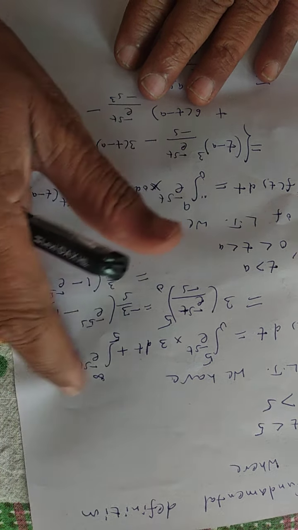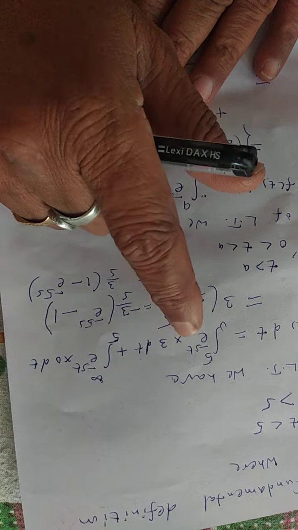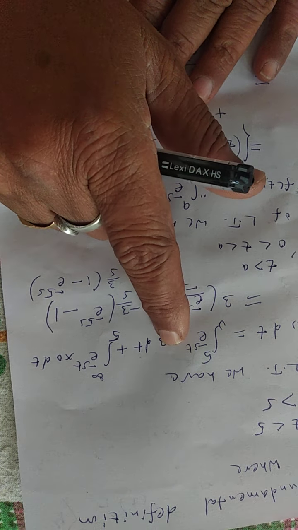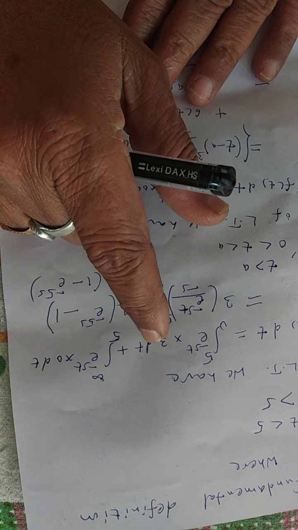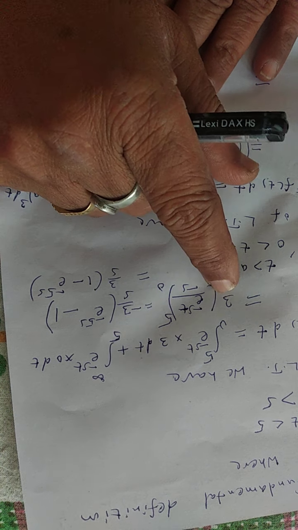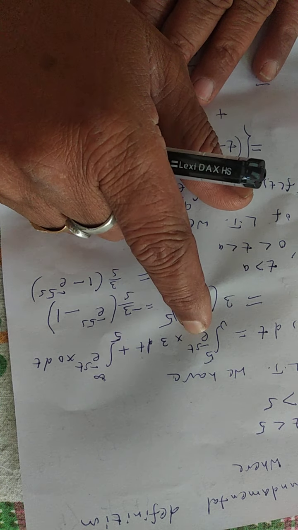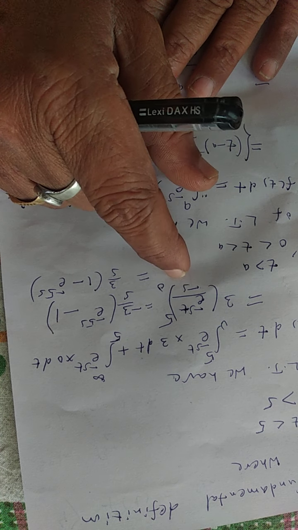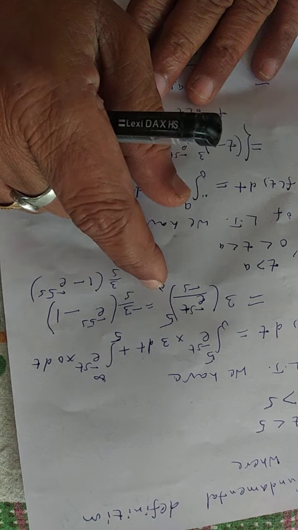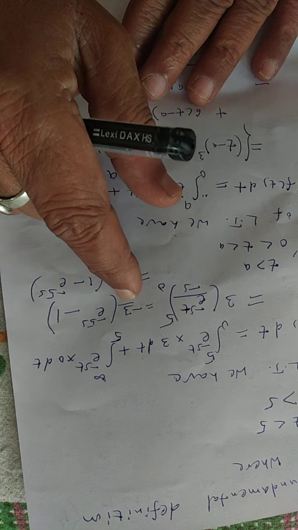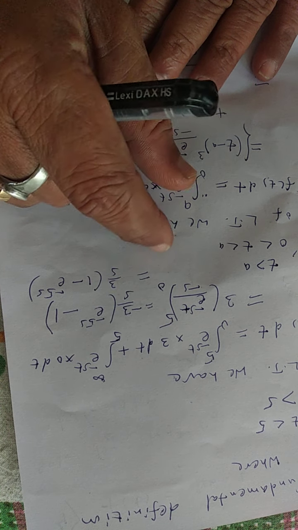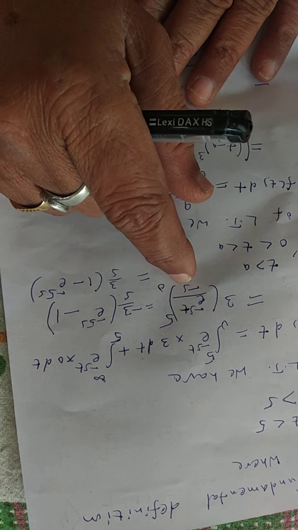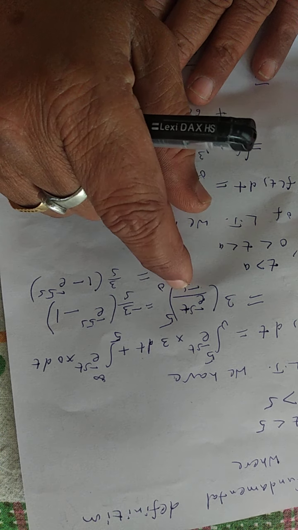So this whole term becomes 0. Only we have to evaluate this integration. Here 3 is a constant, and integration of e raised to minus st with respect to t is e raised to minus st divided by minus s. The limits are 0 and 5. This minus s is also constant as far as t is concerned.